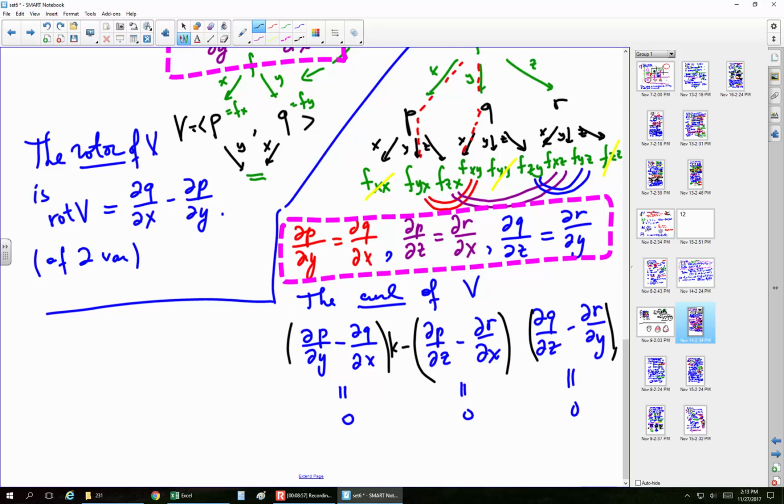Okay, and then z and x, it gives me y. So this is j, and then the last one is i. Okay, so that will be the curl with some signs. The signs we'll have to work out later when time comes. I just want to see where it all comes from.